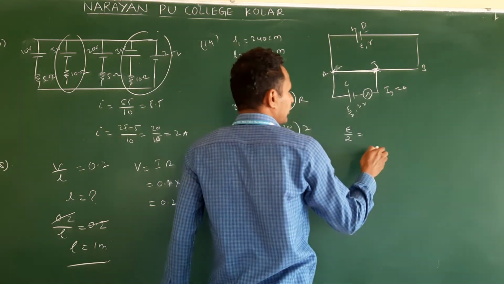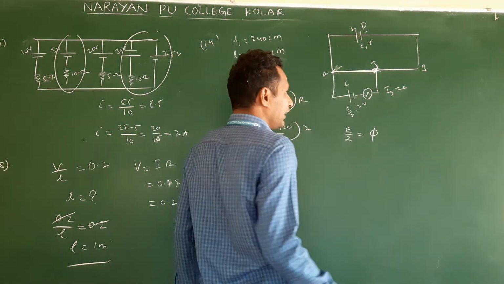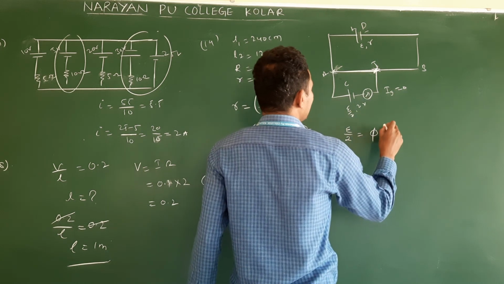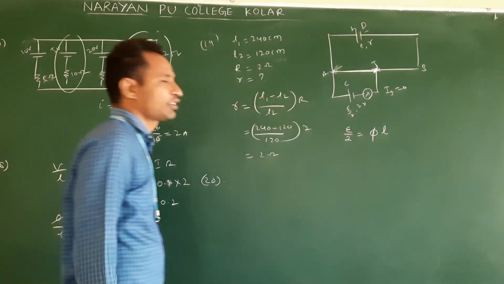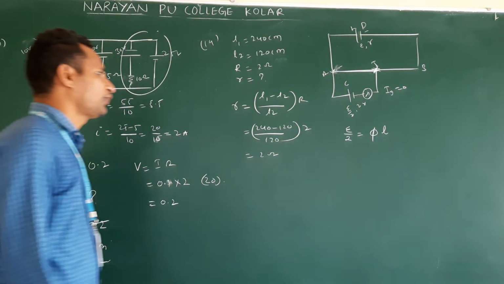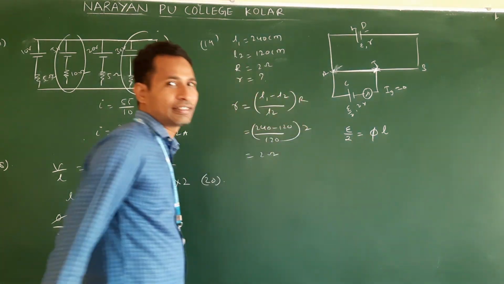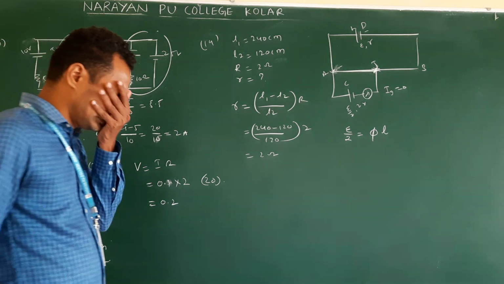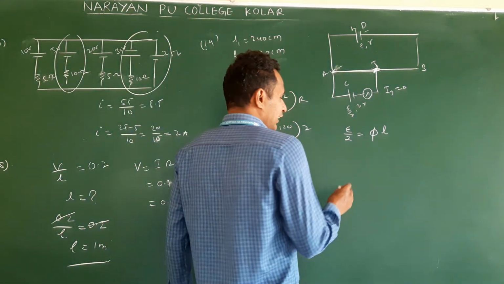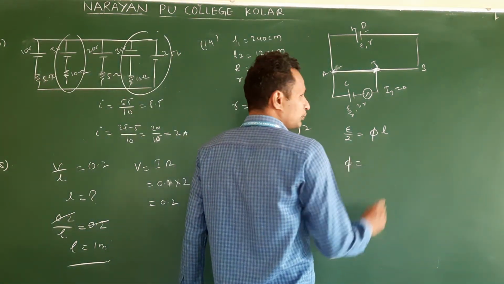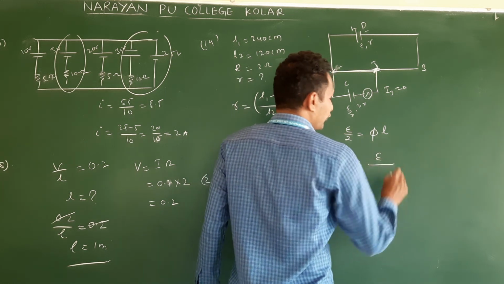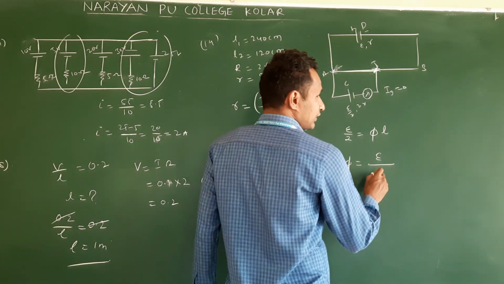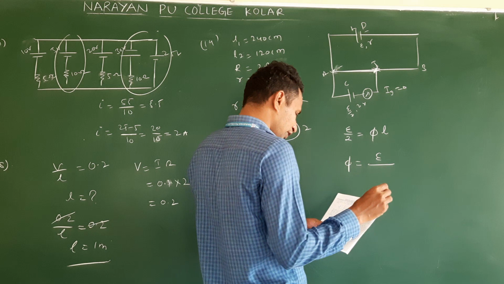Right? This EMF E by 2 is equal to the potential drop here. How do you write the potential drop? Potential gradient into length. Let us take it as small l. So we need to find the potential gradient. How do you find the potential gradient? The potential gradient formula is phi is equal to EMF by total resistance. Clear? What is the resistance of the wire?